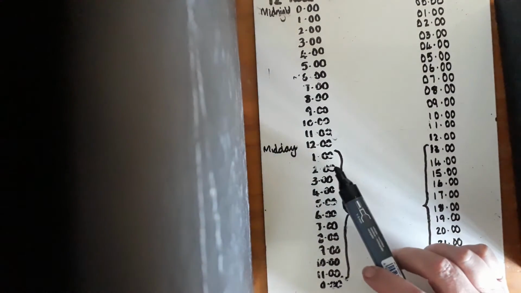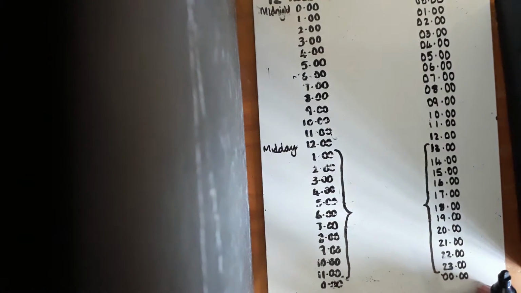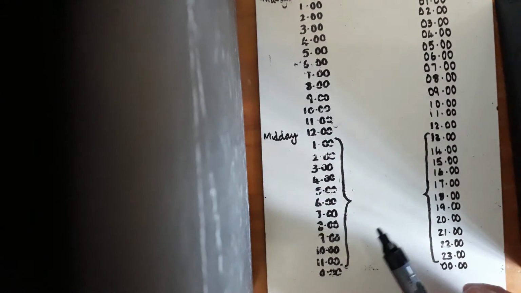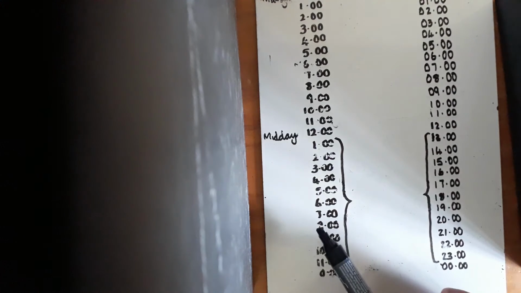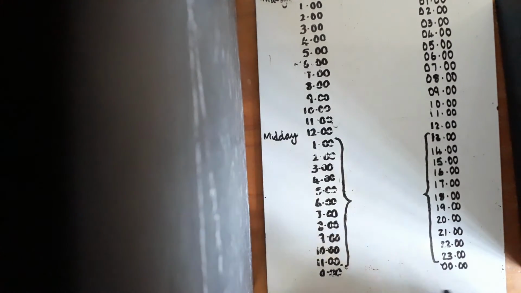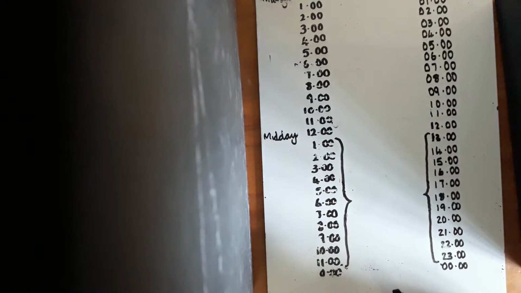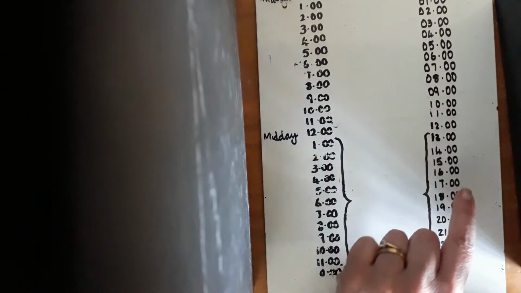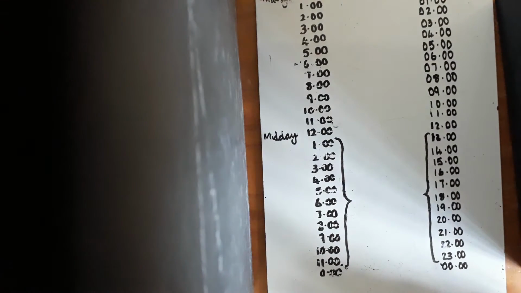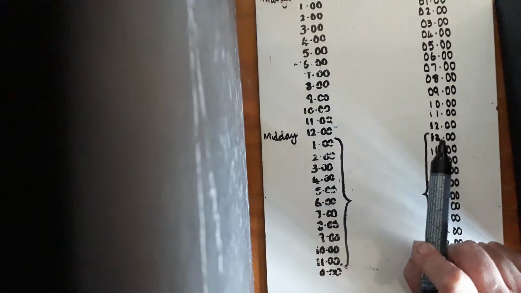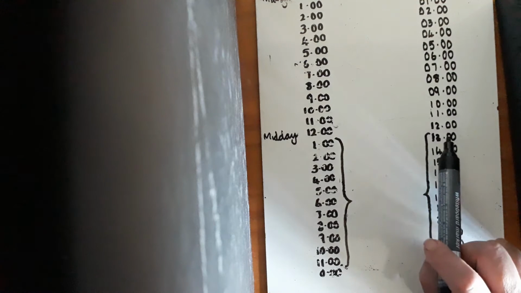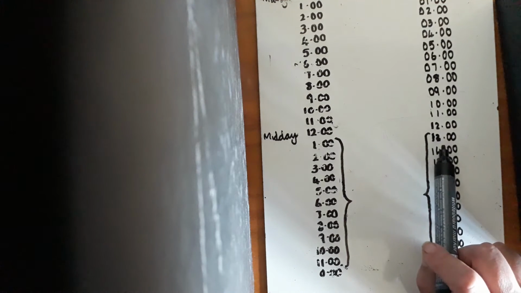But what I want to show you at the moment is how you can convert between the 12-hour clock and the 24-hour clock without writing out a huge list, okay, and how you can convert between the 24-hour clock and the 12-hour clock. Okay, so what we notice is in the 24-hour time it continues counting on.